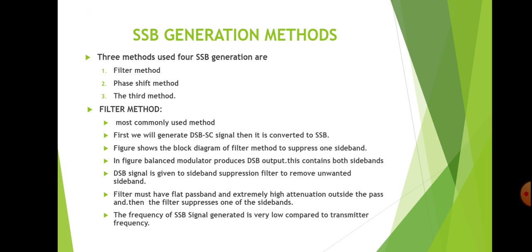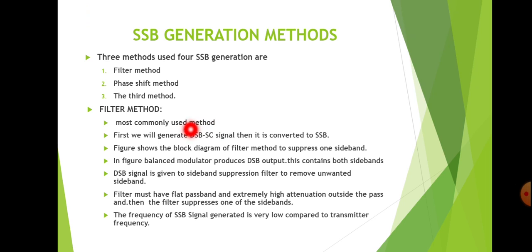Let us see the first method. What is the filter method? The filter method is the most commonly used method to generate SSB signals. Basically, first we will generate a double sideband suppressed carrier signal, and then from that DSB-SC signal we will generate SSB signals.